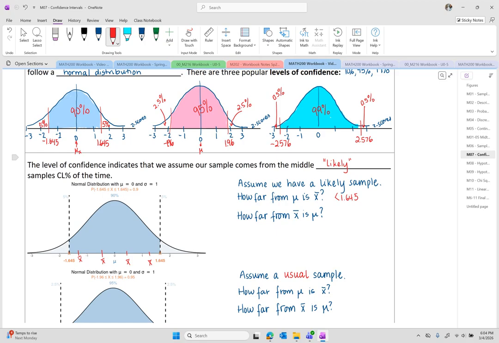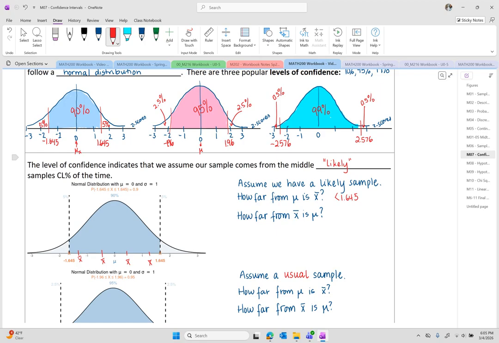So we will be between negative 1.645 and positive 1.645. And that will be the distance between the population mean and the sample mean. And then the question is, how far from the sample mean is the real mean?